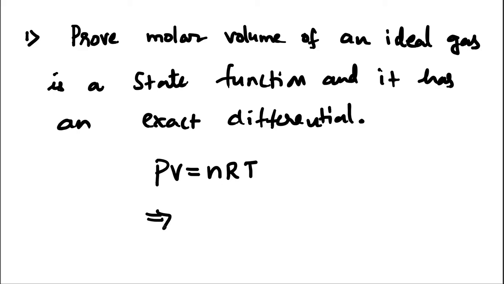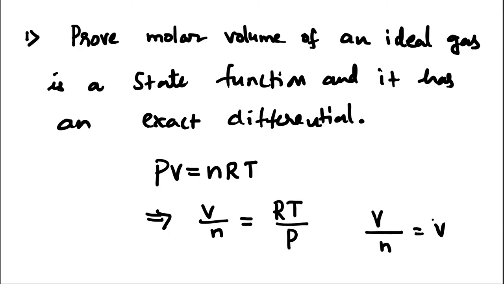From this I can write V over n, which is the molar volume of 1 mole of gas, equal to RT over P. Now I represent V over n as Vm, and we have to prove that Vm is a state function and dVm is an exact differential. If we prove that dVm is an exact differential, that infers molar volume is a state function. So let's see that.